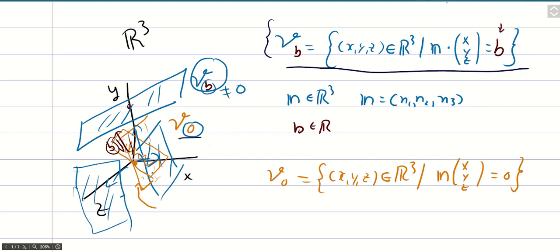For this we need to consider an ambient space, which will be R3. So these are subsets of R3, and these subsets can be vector spaces if they satisfy the condition that they pass through the origin.